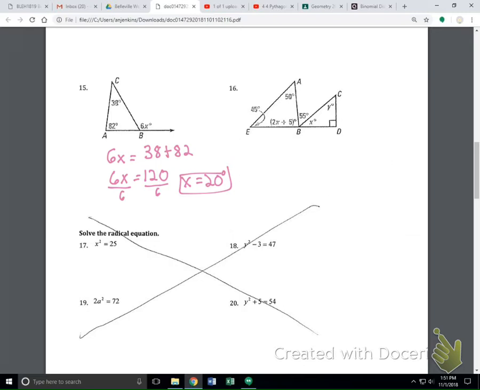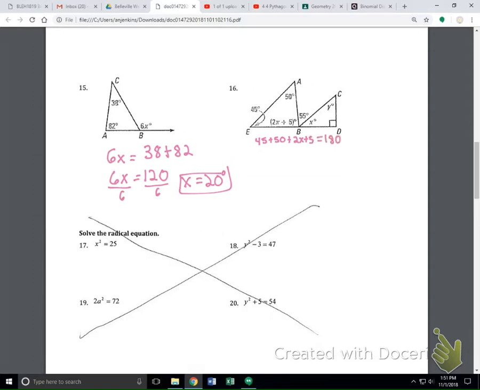Okay, so she's choosing us to work with the AEB triangle, and what we have to do there is rely on the fact that the interior angles of a triangle add up to 180. So we're going to take 45 plus 50 plus 2x plus 5. We have 45 plus 50 plus 2x plus 5 equals 180.